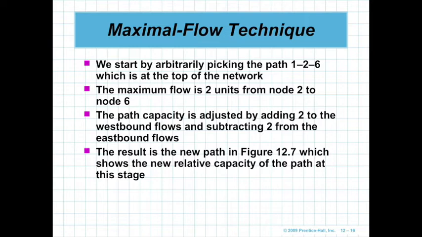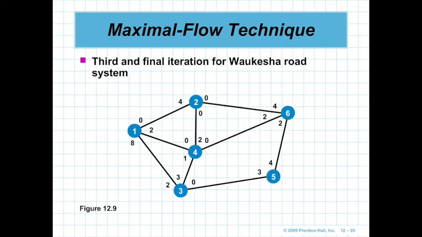The path capacity is adjusted by adding 2 to the westbound flows and subtracting 2 from the eastbound flows. The result is the new path in figure 12.7, which shows the new relative capacity of the path at this stage. This is what we mean by the explanation in the previous slide.